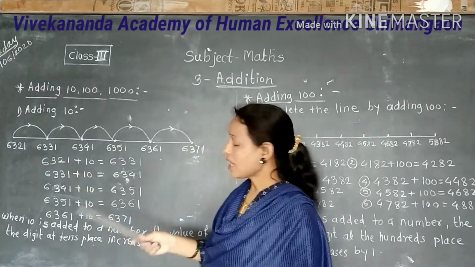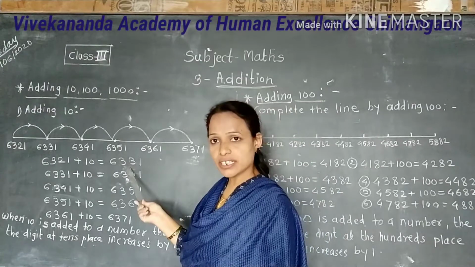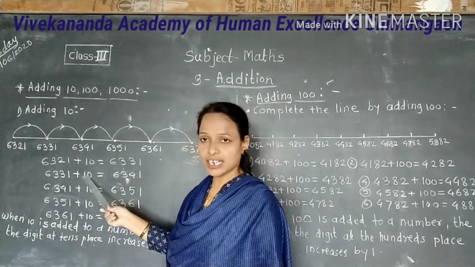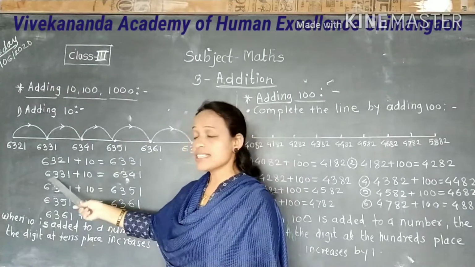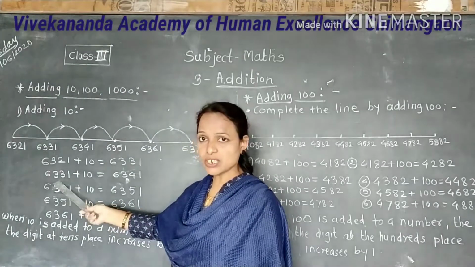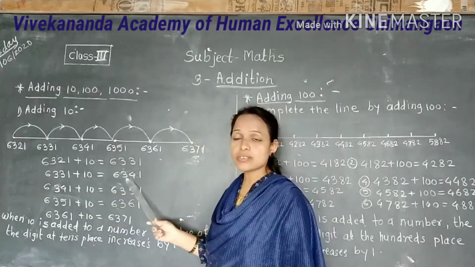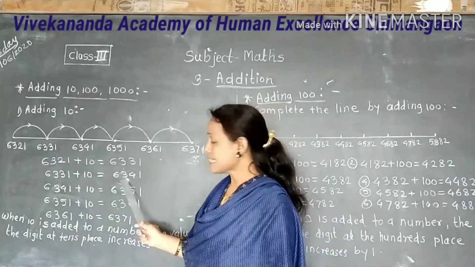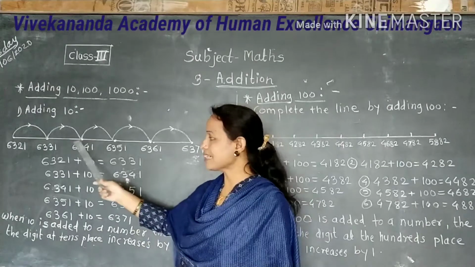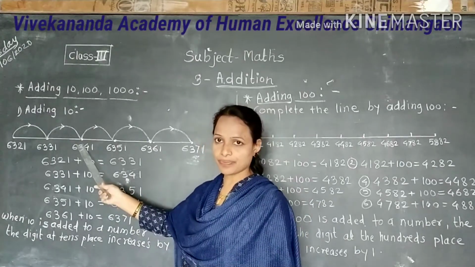Then next, again in 6331 add 10. By adding 10 to 6331, we got 6341. So I wrote this 6341 at the third place.